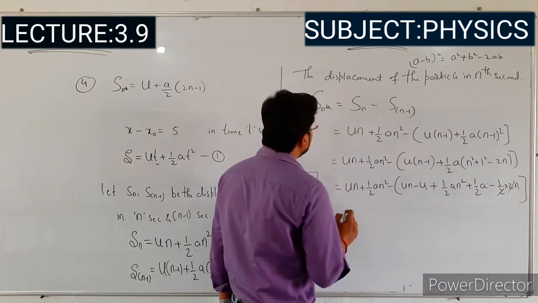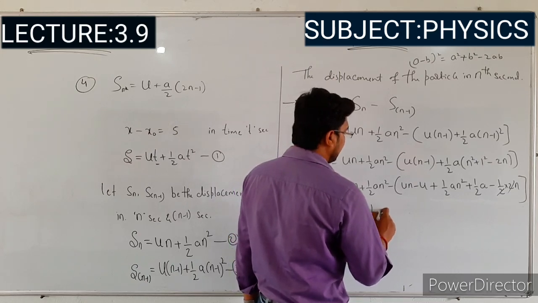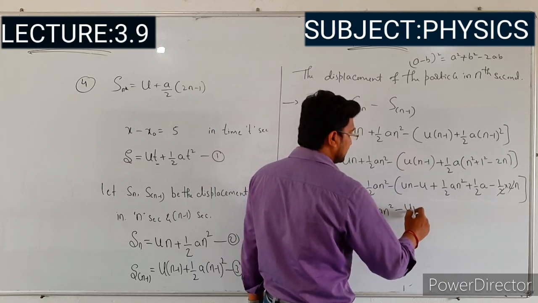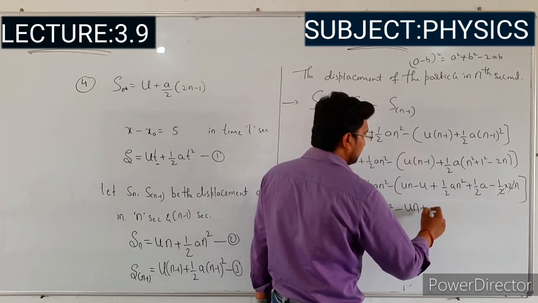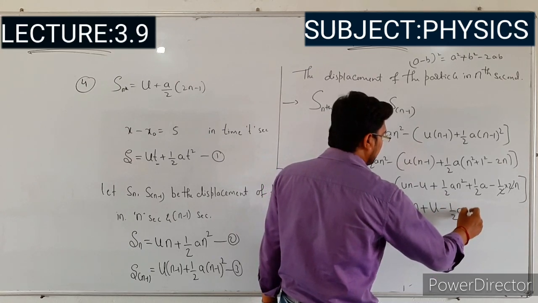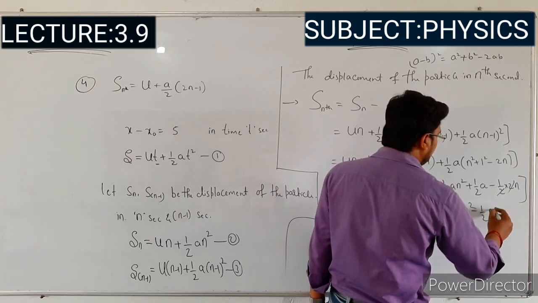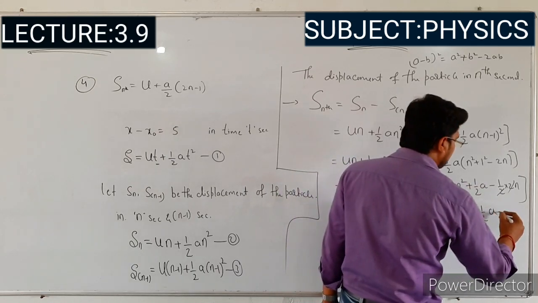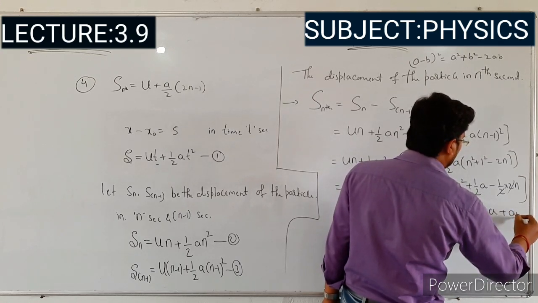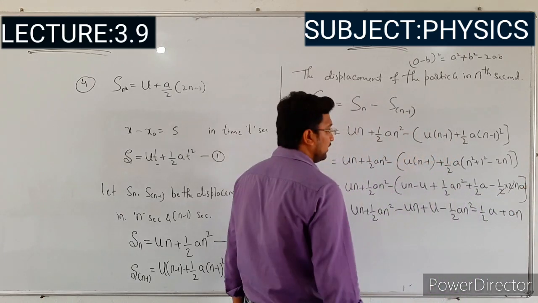Next take the minus sign inside, then it becomes un plus 1 by 2 a n square minus un, minus into minus is plus, that is plus u, minus 1 by 2 a n square, minus 1 by 2 a, and minus into minus is plus a into n.